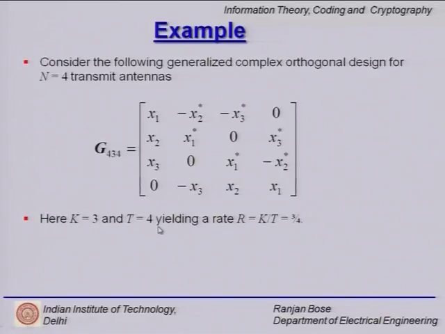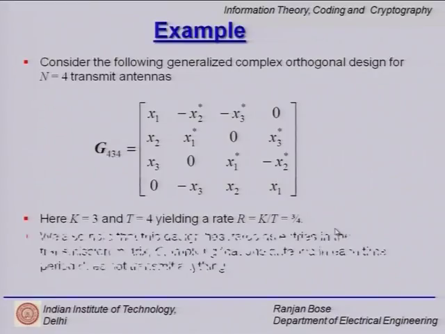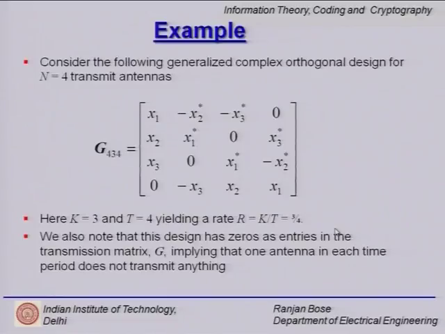Now the definition of rate is k by t, so 3 by 4. It is also clear from this that I have taken 4 time slots to send out 3 symbols, so the rate is actually 3 by 4. But what is very interesting is that even though I have 4 antennas and the rate is not too bad, in the first time slot 3 antenna elements are firing and the 4th one is silent, there is a 0, I do not transmit anything.